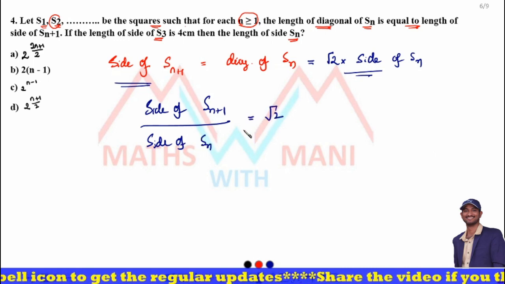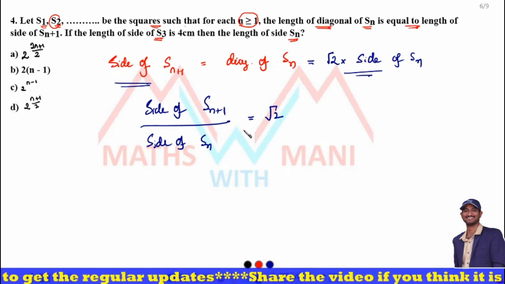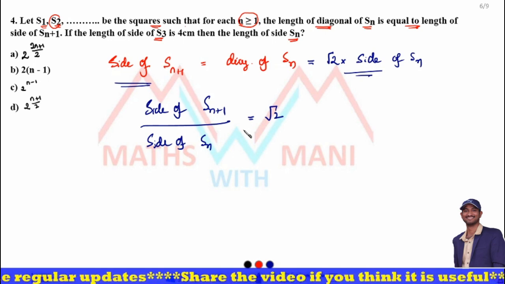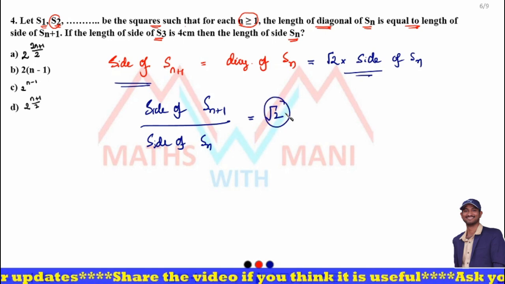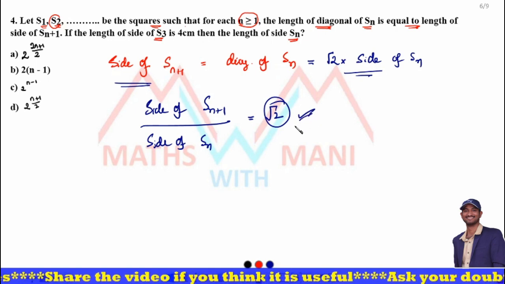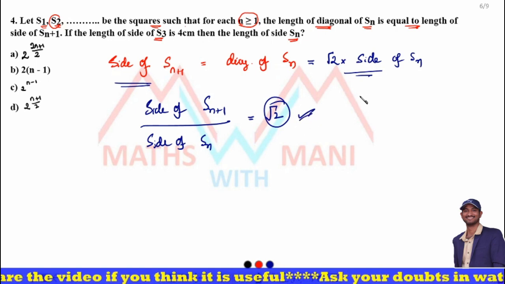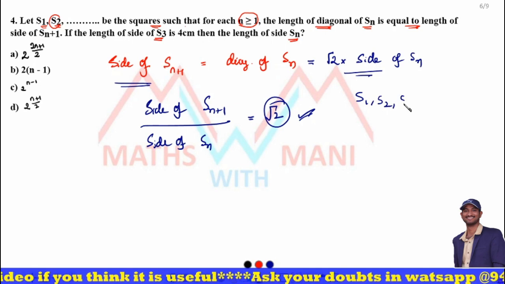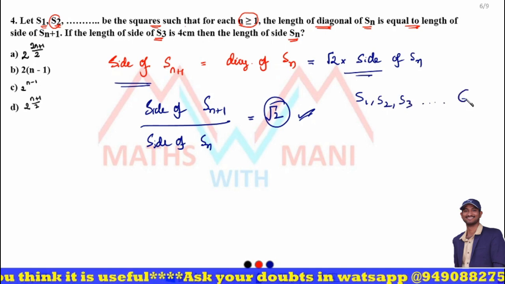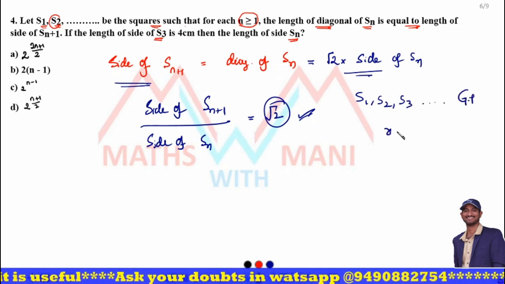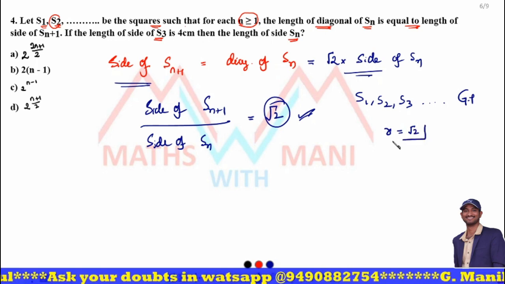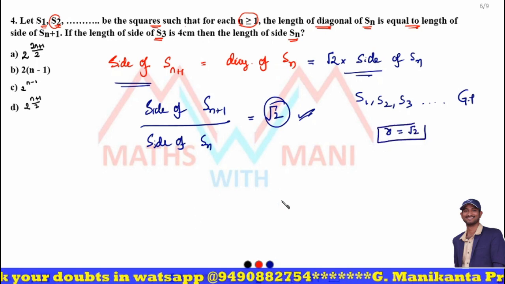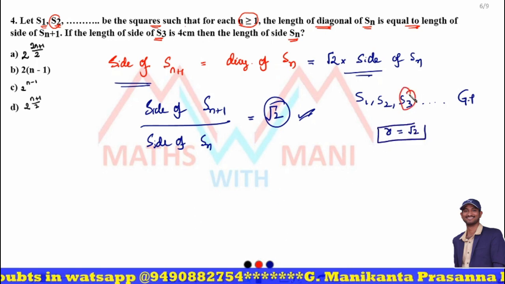Sn plus 1 and Sn are consecutive terms, and the ratio of consecutive terms is root 2. That means it is a common ratio. So I can say definitely S1, S2, S3 are in a geometric progression in which the common ratio is root 2. And S3 is given.